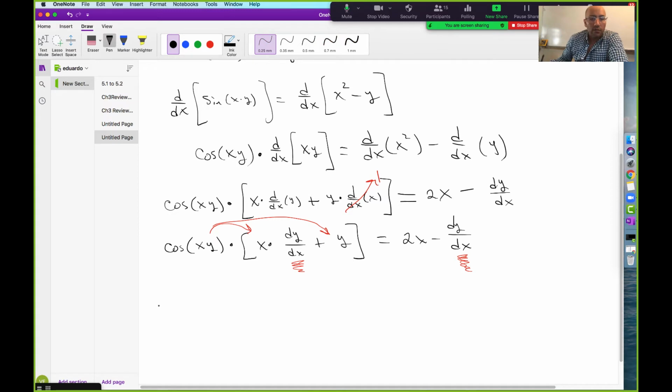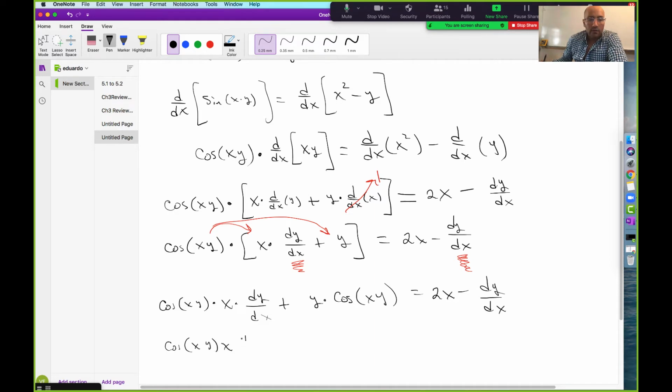So this is going to be equal to cosine of xy times x times dy dx plus y times cosine of xy equals 2x minus dy dx. And now if I bring this term over here and move this term over there, I'll end up with cosine of xy x dy dx plus another dy dx is equal to 2x minus y times cosine of xy.